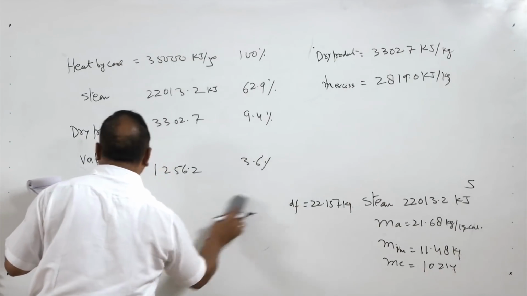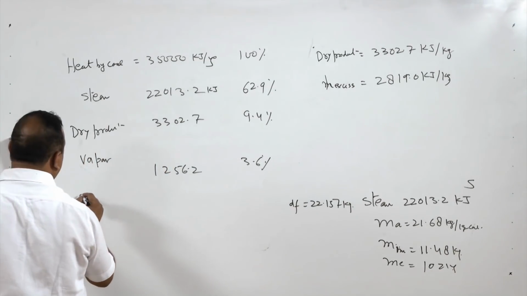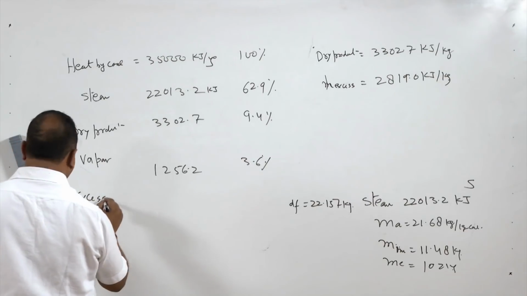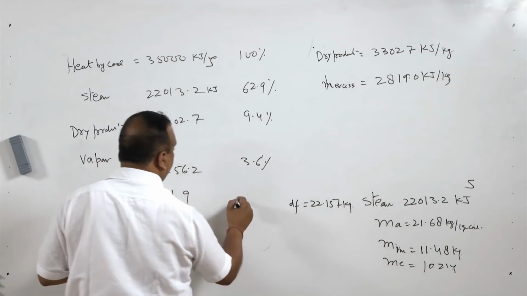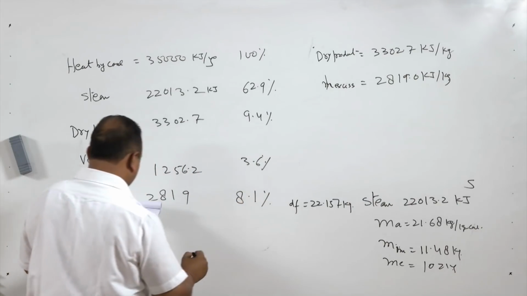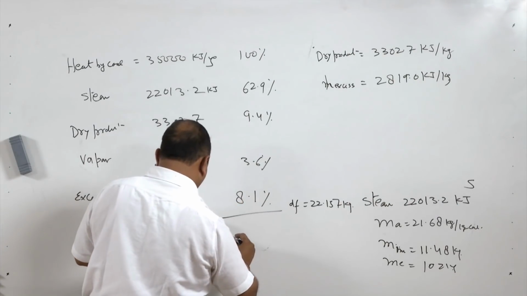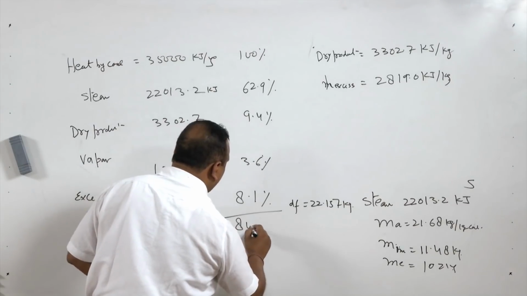Heat in excess air is 2819, and that is 8.1%, and the total comes to around 84.0%.